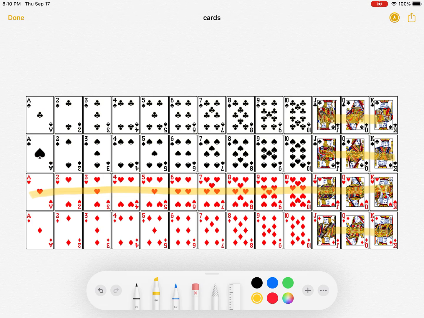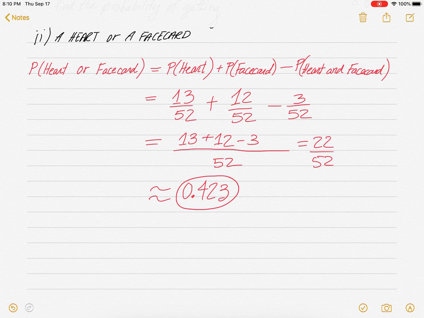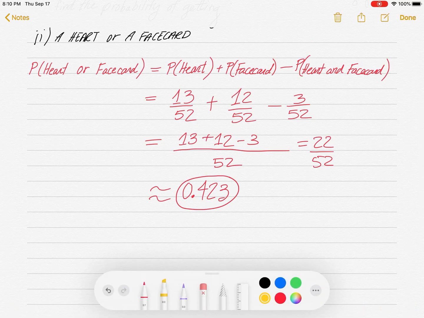If you count up all those cards together, you get a total of 22 cards that you could choose from, out of a total of 52. That's what we had right here, 22 out of 52. That's the quick way to do it without using the addition rule.